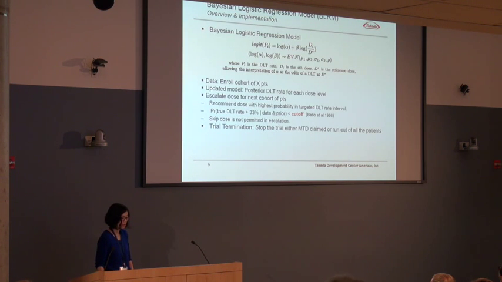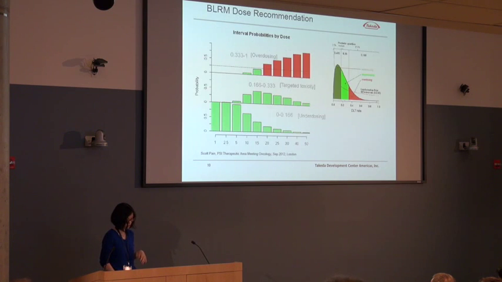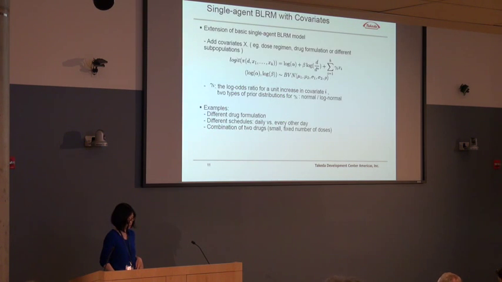Also, the recommended dose will be the dose with the highest posterior probability in the target DLT rate level, given that the overdose criteria is satisfied. As you have seen, you have different doses, and you choose the dose that is not red, but the highest one that is in the target level.